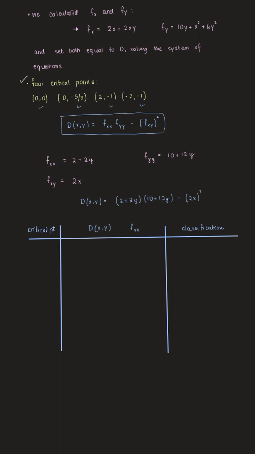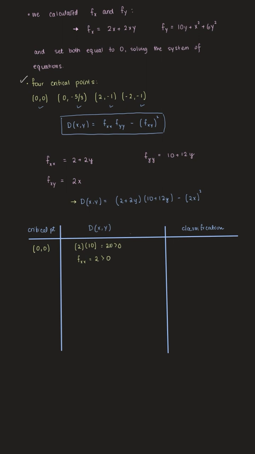So let's take our first point, which is the point 0, 0. At 0, 0, if I plug that into our discriminant, we're going to have 2 plus 0, so that's 2, times 10 minus 0. That is 20, which is greater than 0. And our second derivative was 2, also greater than 0, which means that both second order partials with respect to x and with respect to y are going to be positive.